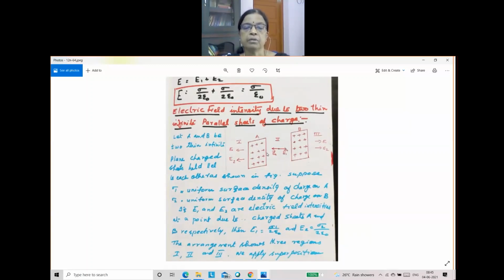Very, very important result. When one sheet is plus sigma and the other is minus sigma, the electric field between the two sheets is sigma by epsilon 0. That is the result we use in a capacitor. And in region 3 it is 0, and in region 1 the electric field is also 0.